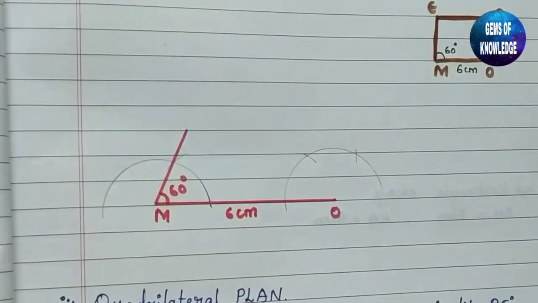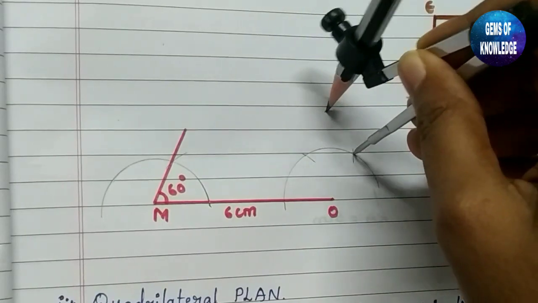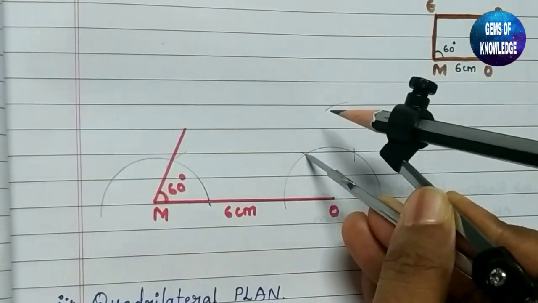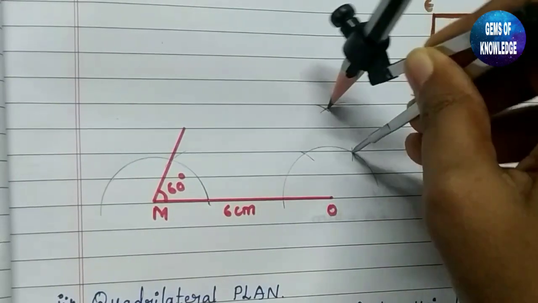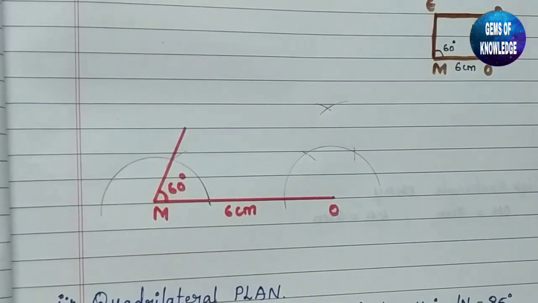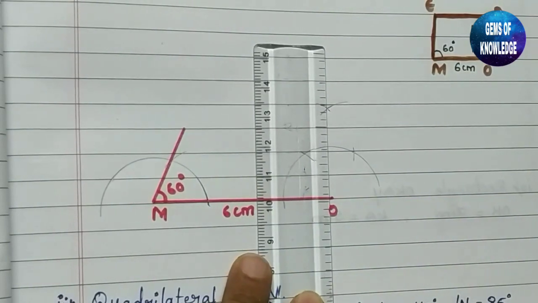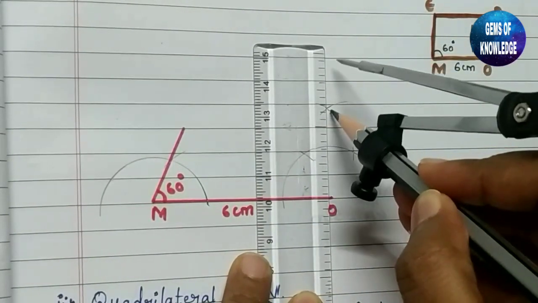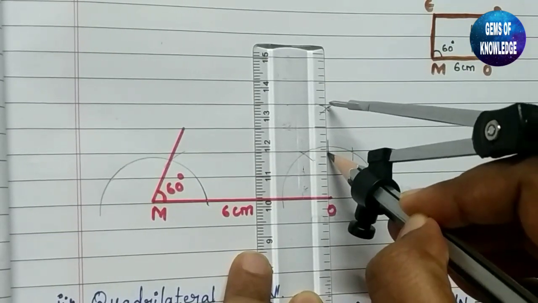This will be our 120 degrees. Then by keeping here I will cut one more arc, and by keeping here I will cut one more arc. So this line is nothing but our 90 degrees. As you can see, it is a straight line and it will be 90 degrees. This point is our 90 degree angle.